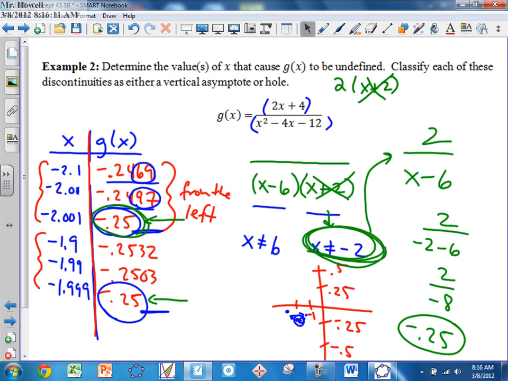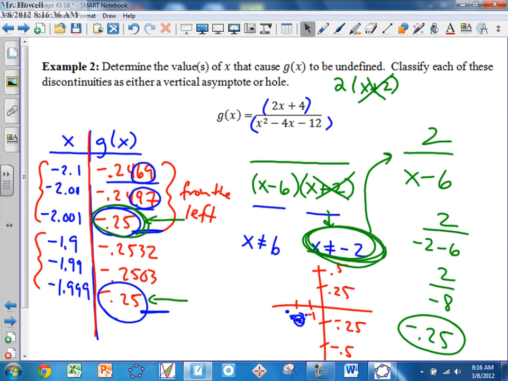So this, guys, on the left is where it all came from. This is how people test stuff in the beginning. So I'm showing you where it comes from, and now I want you to use the shorter method. So again, to test for a hole, you find the same factor in both, you cancel it, and find the reduced fraction. This is where concept 38 comes in. We are simplifying a fraction right now.